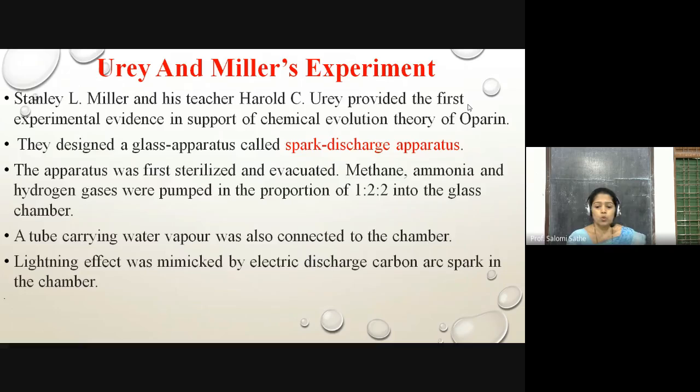Okay, Urey and Miller experiment: with the help of the apparatus, they designed a glass apparatus and named it a spark discharge apparatus. Here they used methane, ammonia and hydrogen gas in 1:2:2 proportion. Then the tube also carries water vapor and a lightning effect.